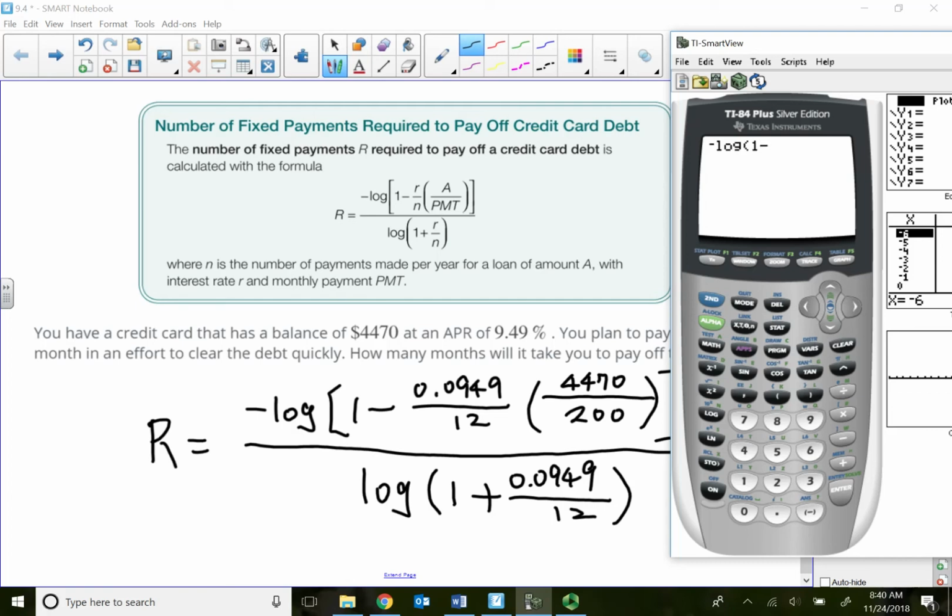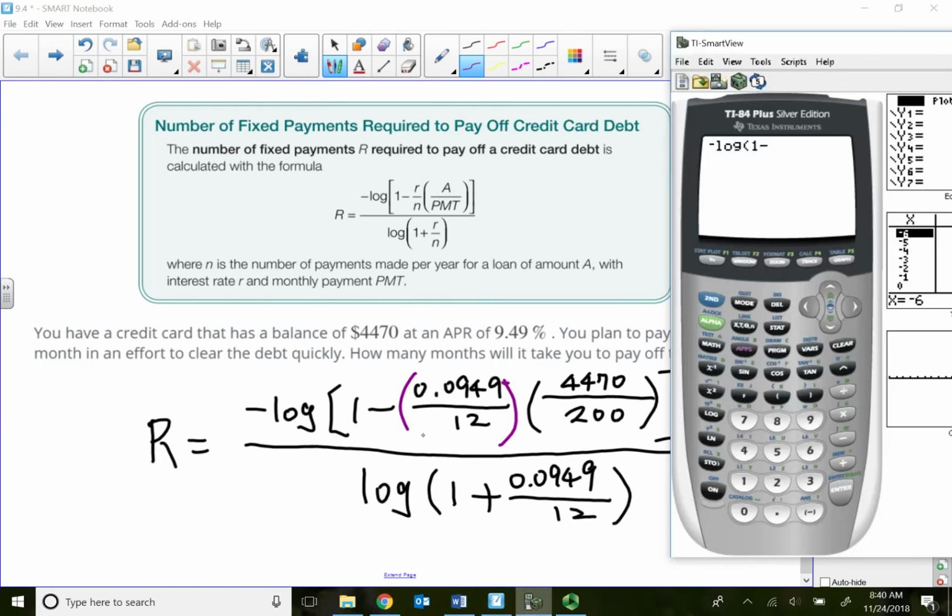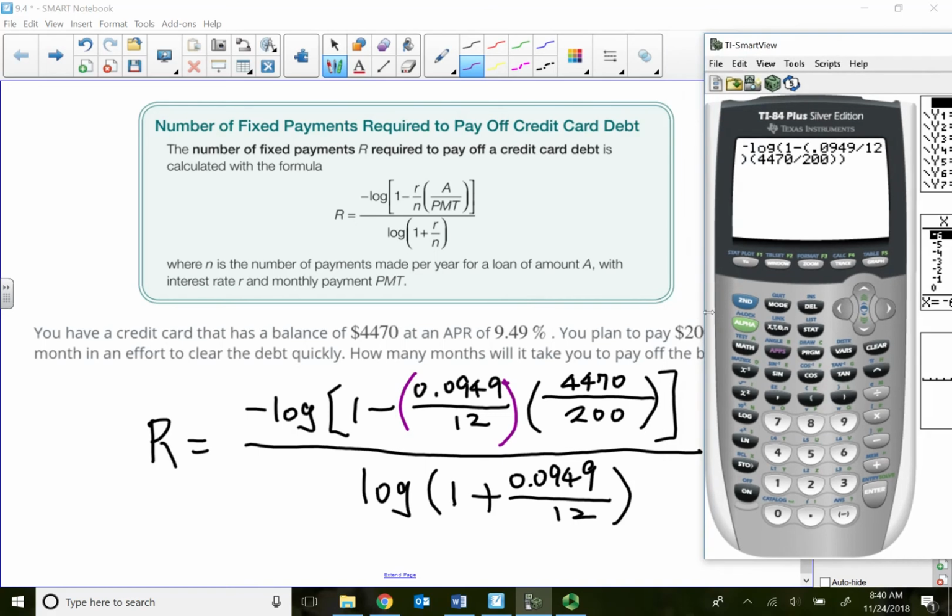So I'm going to say 1 minus, and for the 0.0949 divided by 12, I'm going to purposely put them in a purple parenthesis, just in case. 1 minus open purple parenthesis, 0.0949 divided by 12, close the purple, open up the 4470 parenthesis, times parenthesis 4470 divided by 200. Close that parenthesis, and close the brackets. I'm going to close two of them.